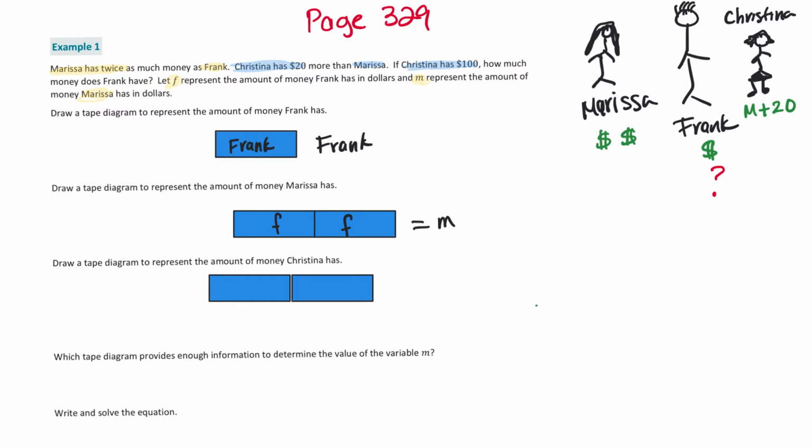That is Marisa's, right there. I'm still going to write F, guys. I'm not going to put the M in there because you're going to get confused. So that's Marisa's plus the $20. I'm going to have to do the $20 somewhere there. So that is the extra $20 that Christina has, right?